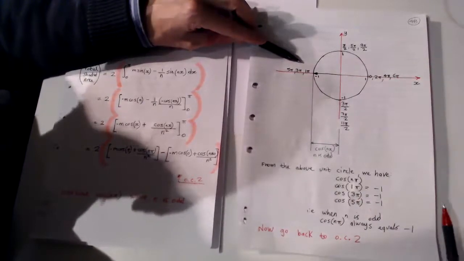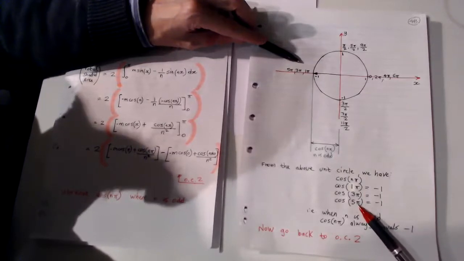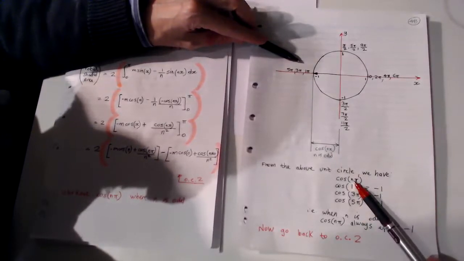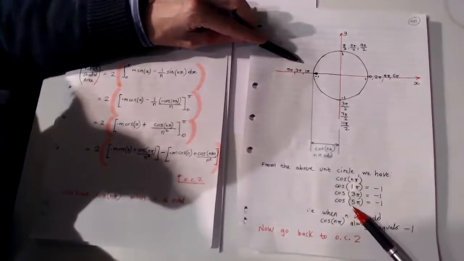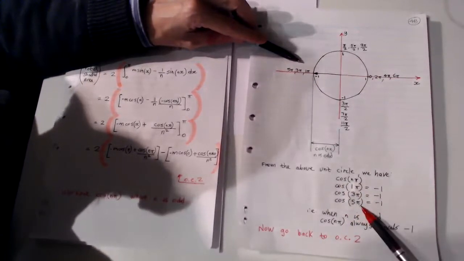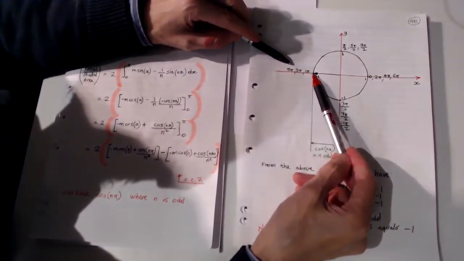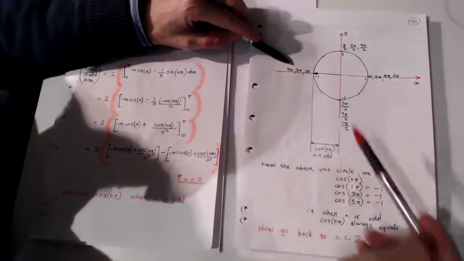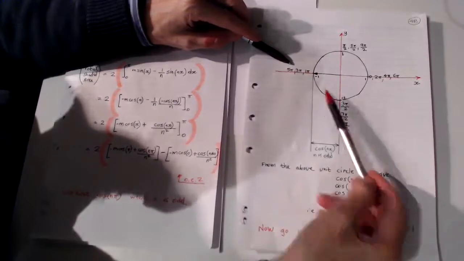And then the next time n is odd is when n equals 5. You get cos 5 pi. To work out cos 5 pi on a unit circle, you go to the angle 5 pi, put a stick there, and the horizontal distance is -1.